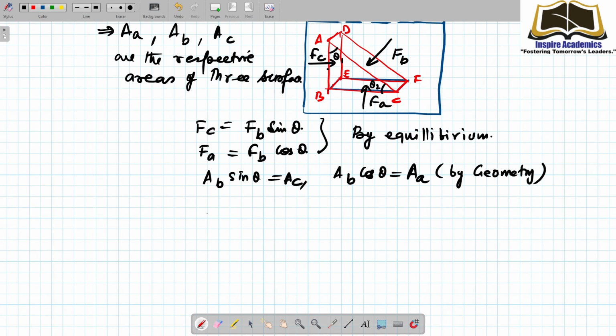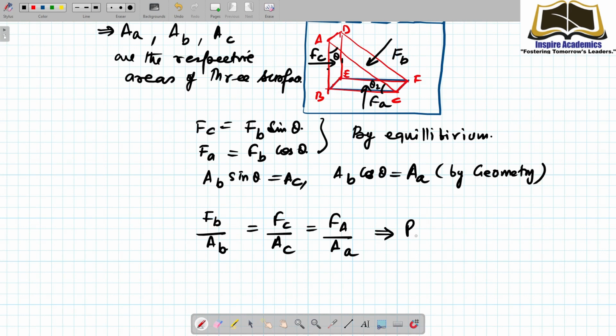So if I really take, then do you see F of B upon A of B is equal to F of C upon A of C is equal to F of A upon A of A. Did you notice that? Aap karke dekh sakte ho value daal ke. So which means what?